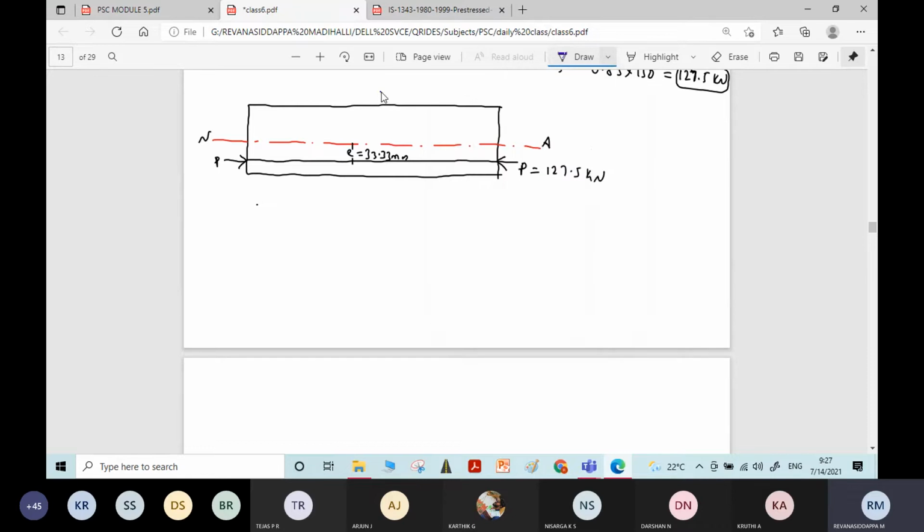You will write the loading condition. Deflection is equal to area into... Yeah, correct. Before that, you write the BMD.